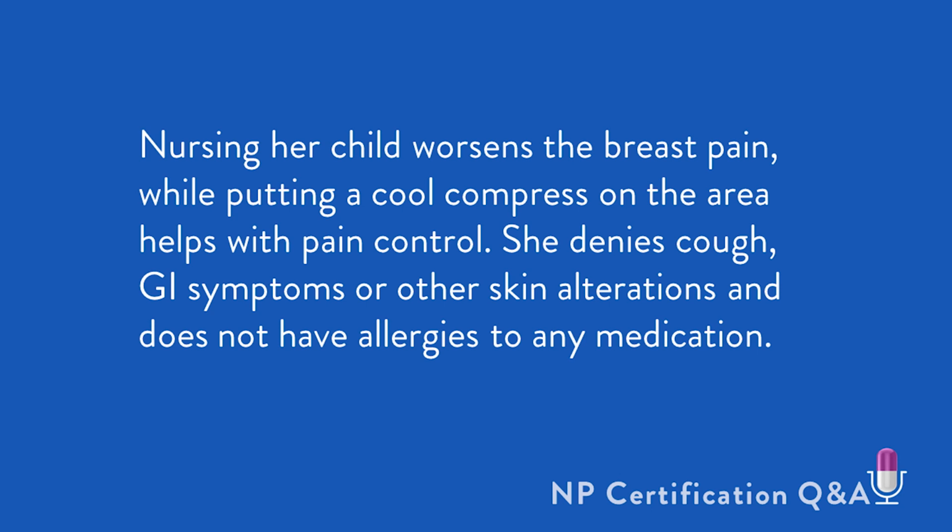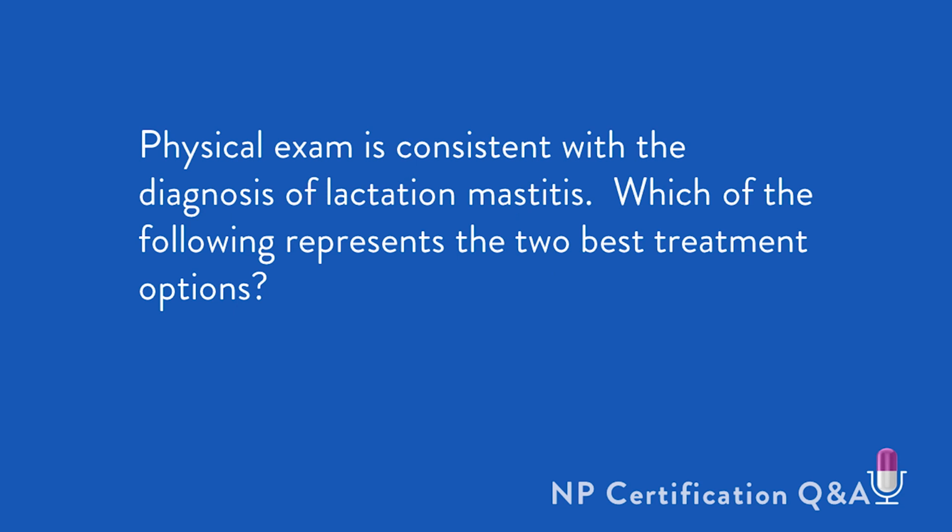She denies cough, GI symptoms, or other skin alterations and does not have allergies to any medication. Physical exam is consistent with the diagnosis of lactation mastitis. Which of the following represents her two best treatment options?